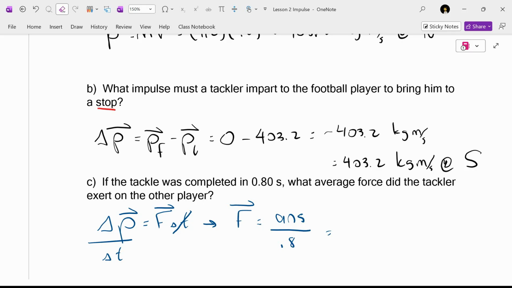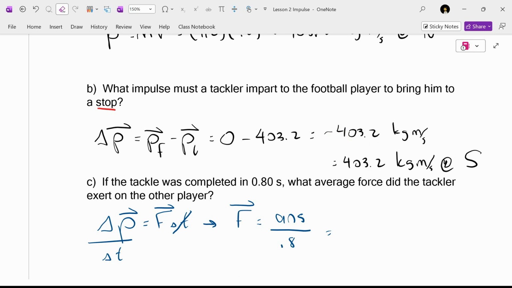Martin, you're going to tell me the answer, and you're going to tell me the answer carefully this time. No, that's impossible. That can't be that. There's got to be a negative on your calculator right now, is there not? This was negative. Divided by 0.8. Got a negative. Or did you not do this one?